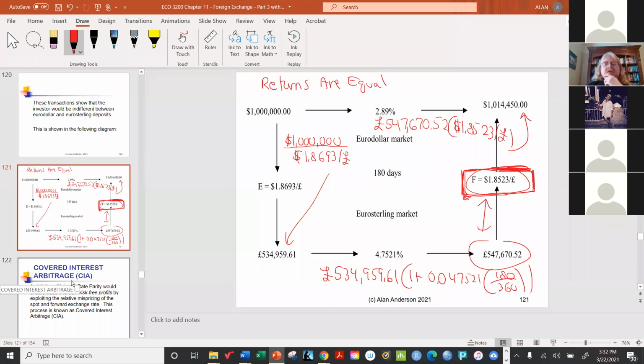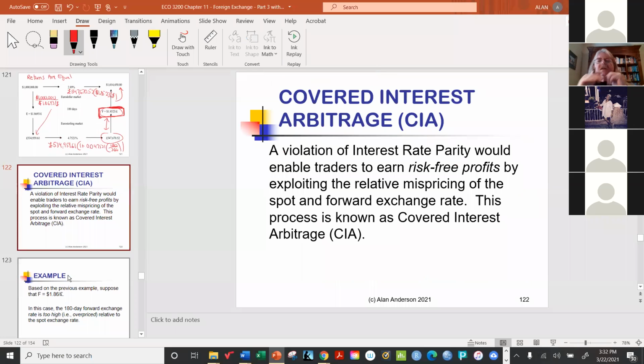Interestingly enough, even though the condition is called interest rate parity, the arbitrage that takes place if it's violated is called covered interest arbitrage. The word covered means the foreign exchange risk is hedged.